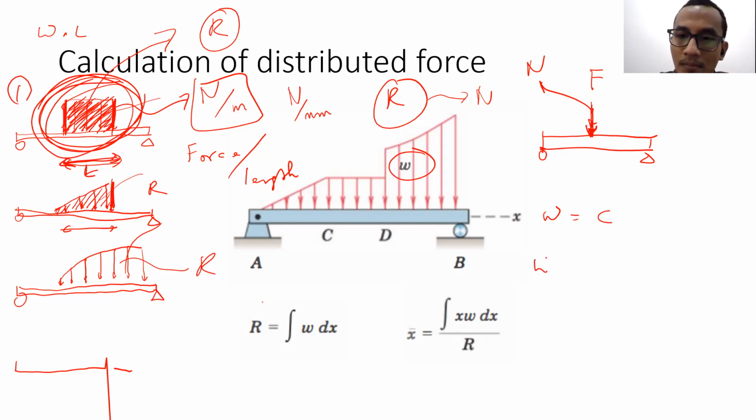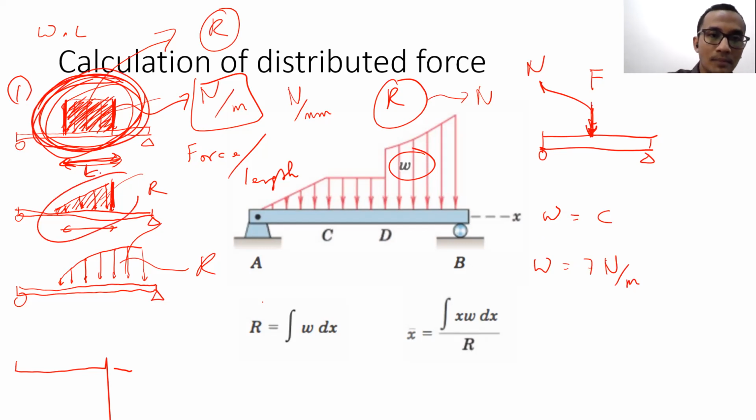For example, the W is equal to 7 Newton per meter. This is for the first case. For this one, the W is supposed to follow a linear equation. For example, W equal to 7x, for example.